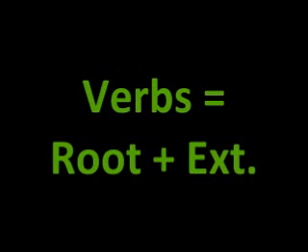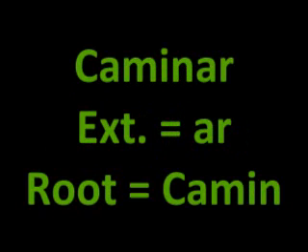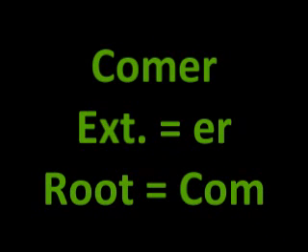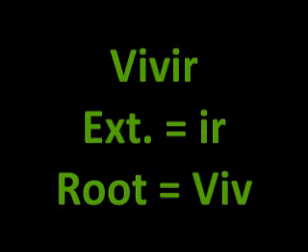If we take them out, we have the root of the verb. For example, in caminar, the extension is ar, and the root is camin. In the verb comer, the extension is er, and the root is com. And in vivir, the extension is ir, and the root is viv.